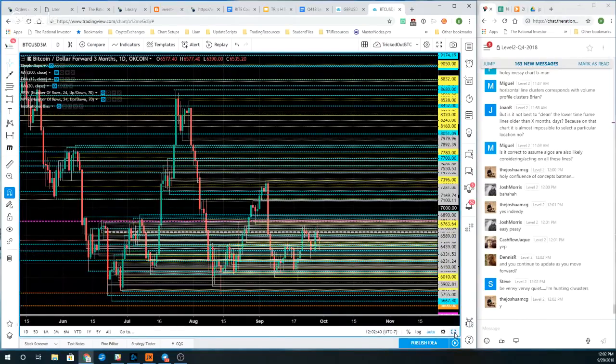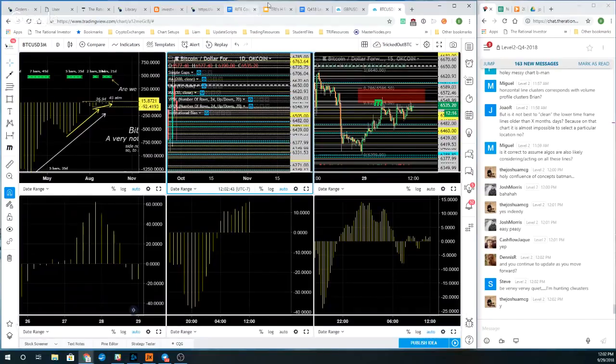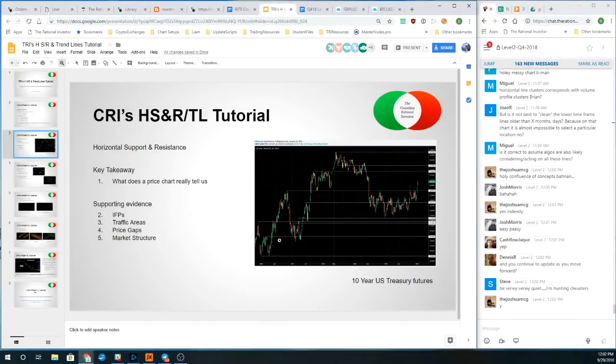All right, so that is our conversation about horizontal support and resistance. We talked a little bit about the idea of institutional fingerprints and who stops markets, and why we see horizontal support and resistance levels traded to repeatedly. It's no accident.